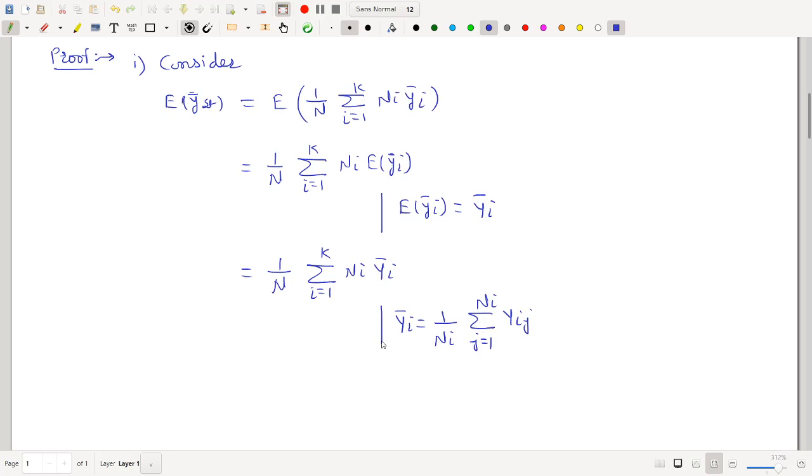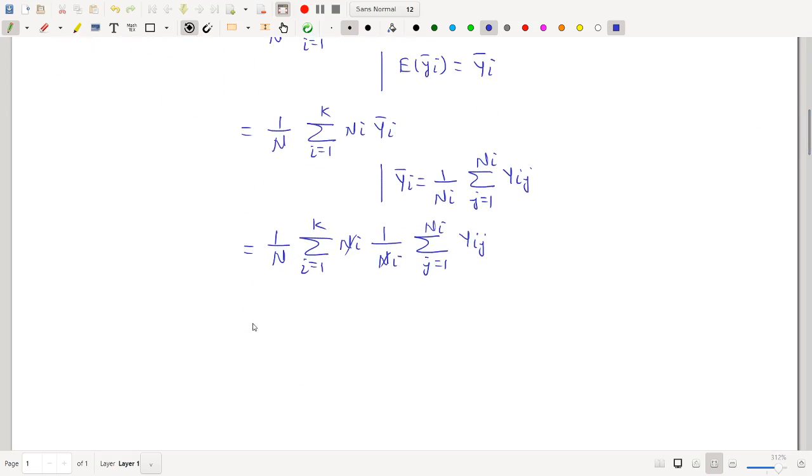So if I put Y bar i as this one, then what will happen? Look at here, 1 upon n summation i running from 1 to k, ni, and if I put Y bar i as 1 upon ni summation j running from 1 to ni, Yij, then this ni will get cancelled with this ni.